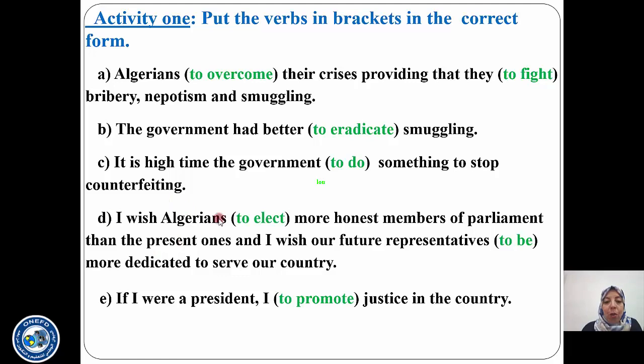Of course, you need to know what type of wish it is. Is it a past wish? Is it a future wish? Or is it about a present situation or what? And finally, you have a sentence with if. Now, one of the verbs is conjugated, so this can help to find the other one. Okay? So let's correct.